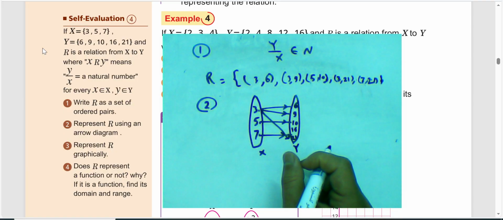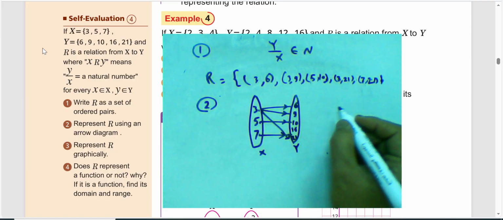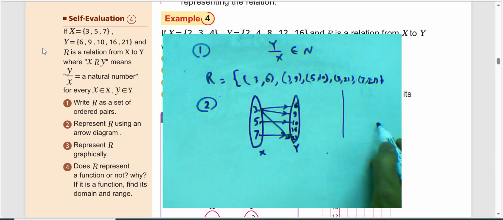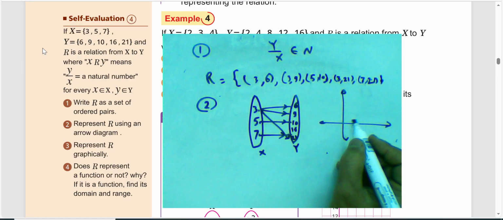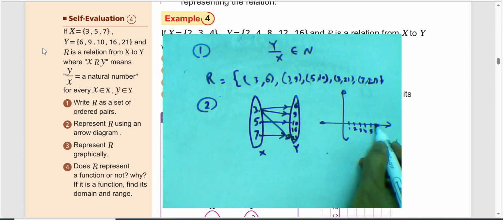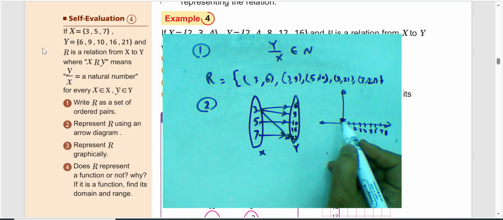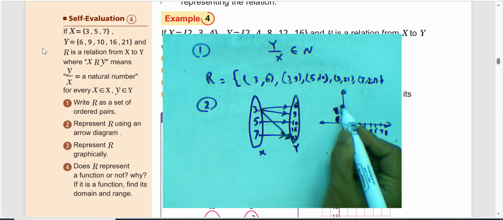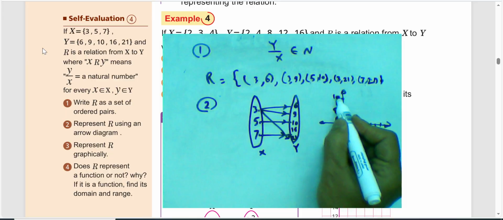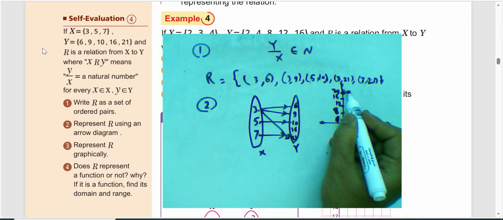Okay, represent R graphically. We can draw it graphically like this: x-axis and y-axis. What are the elements of x? x is 3, 5, 7. And here going up to 21, starting from 0: 4, 8, 12, 16, 20 and 21.